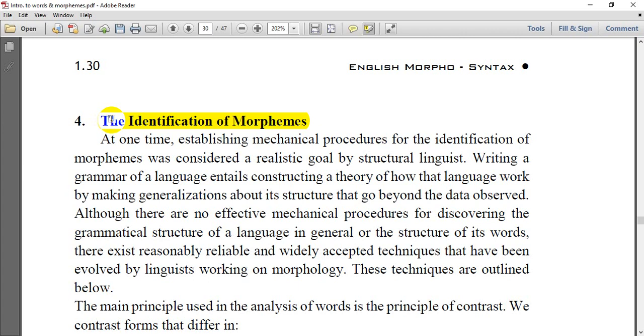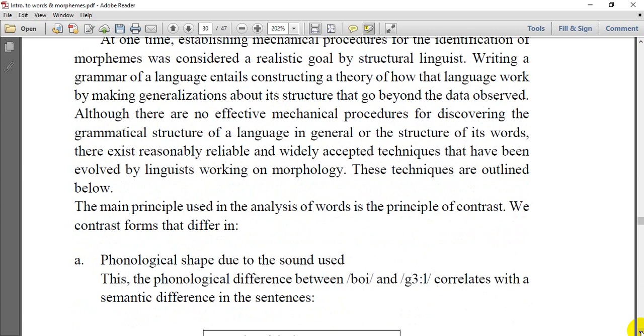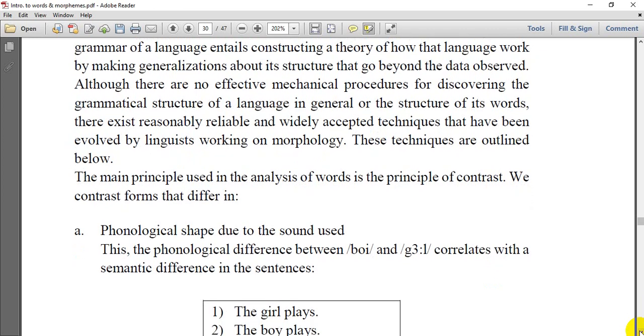Let's go to the main principle used in the analysis of words. It's very important to know how to analyze words.